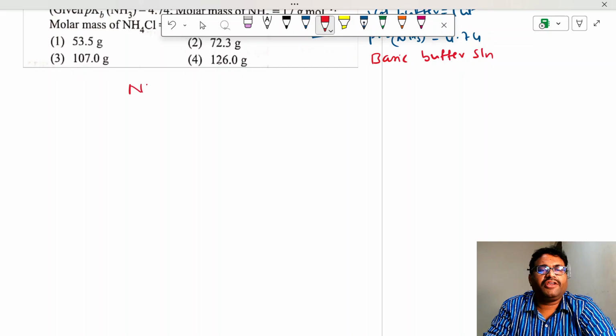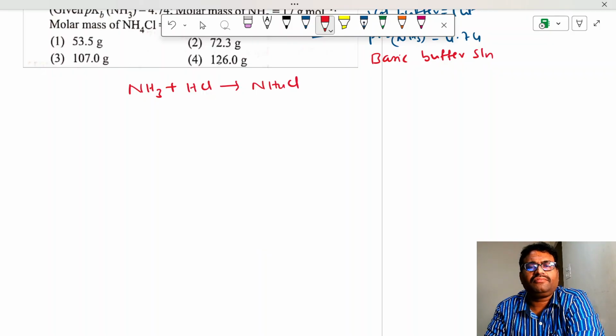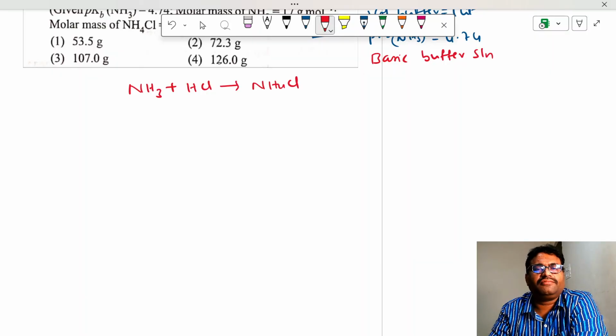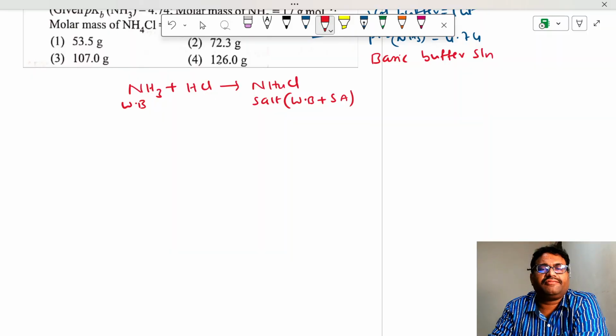So in this basic buffer solution, what can you write? NH3 reacts with HCl to form NH4Cl. So this is a weak base, and NH4Cl is the salt of a weak base with a strong acid. To calculate the pOH of a basic buffer, we have derived a formula.